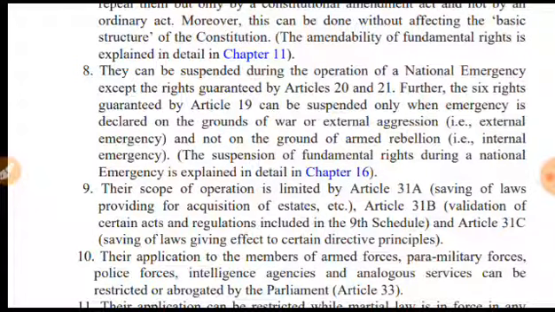Please remember, the suspension of fundamental rights during the national emergency is explained in detail in chapter 16.